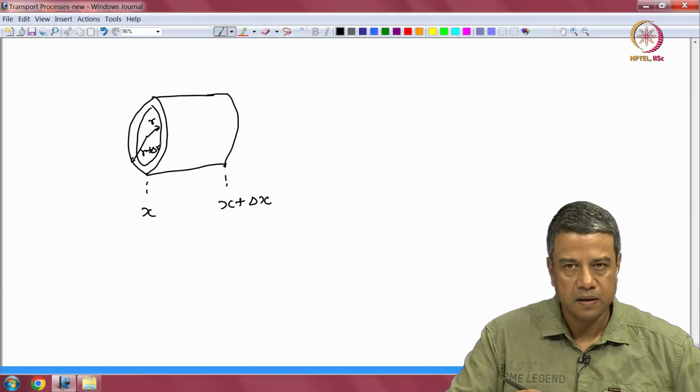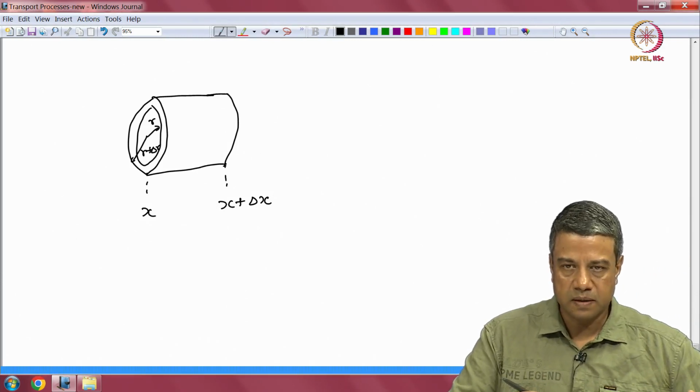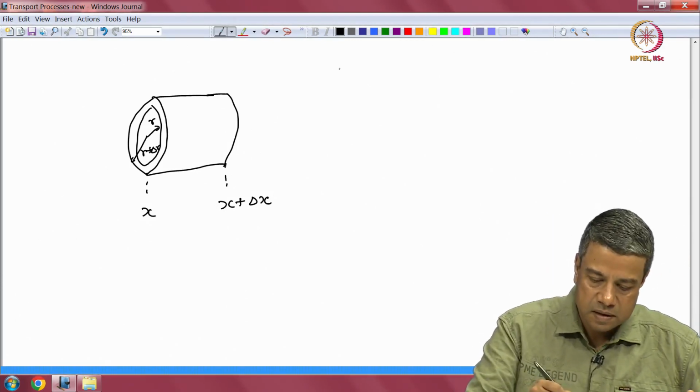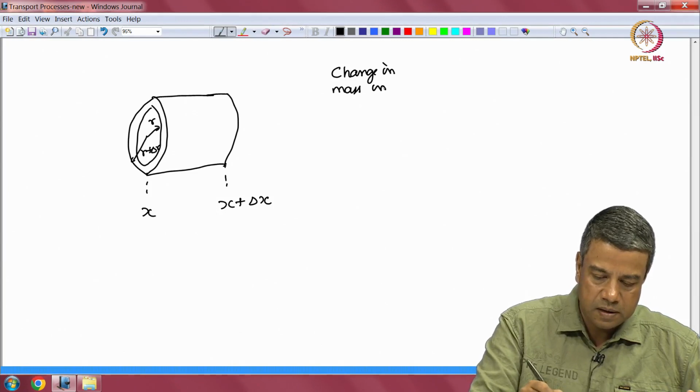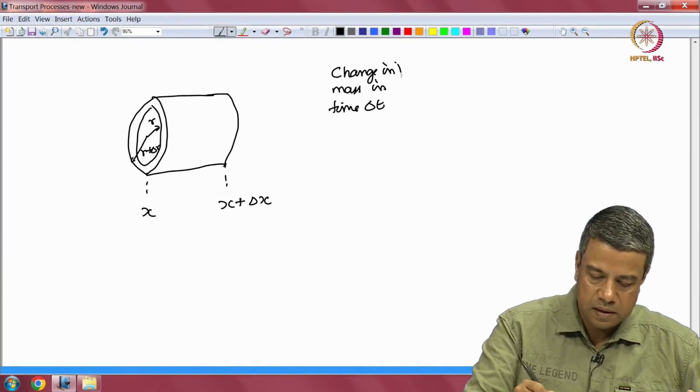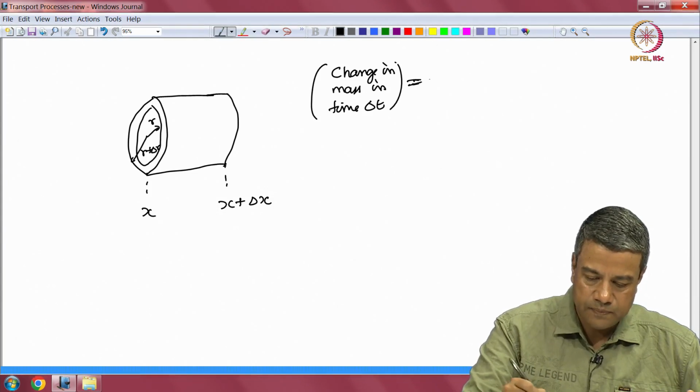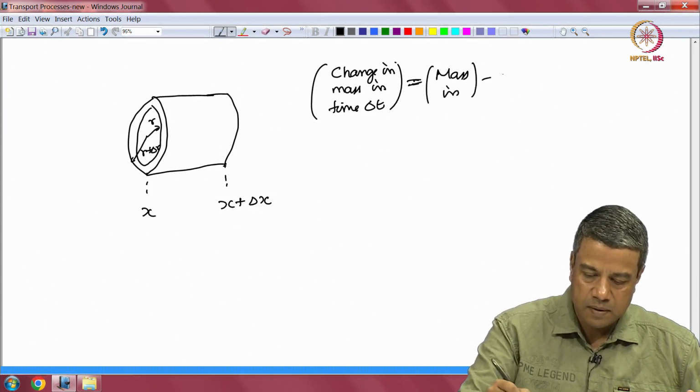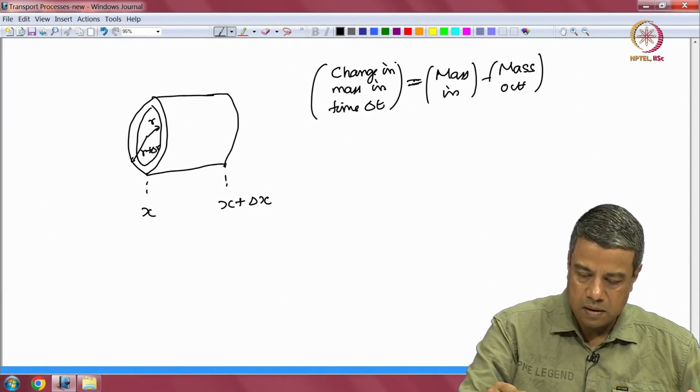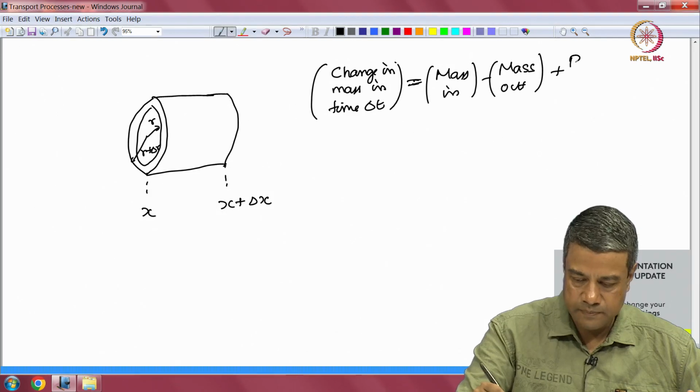And we write the mass conservation equation for this. Change in mass in time delta t is equal to mass in minus mass out plus the production.